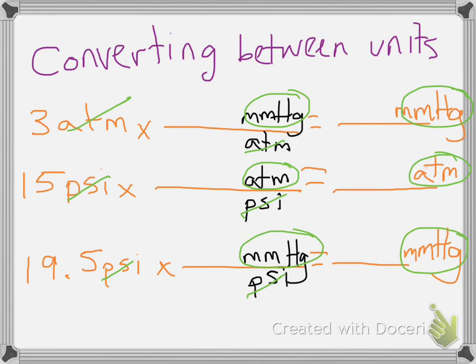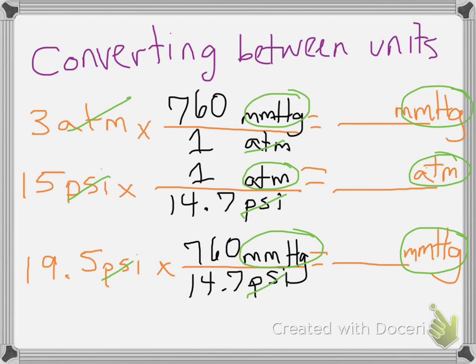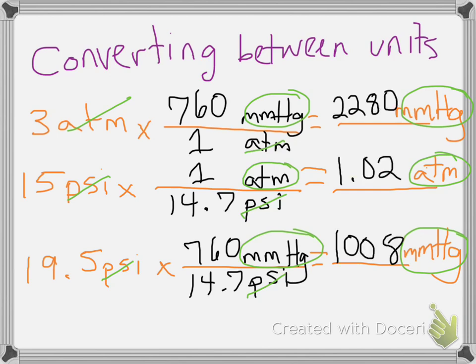Now pause the video again and make sure your numbers are correct. So notice 760 always goes with millimeters of mercury, and 1 always goes with ATM, and 14.7 always goes with PSI. So now we're ready to multiply across. And when you multiply by the numerators and divide by the denominators, you should get these answers.